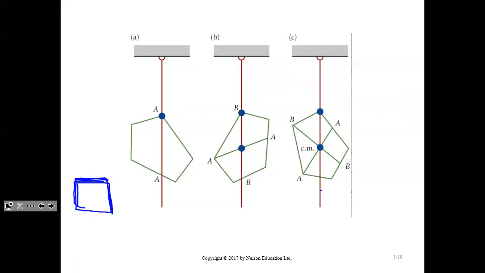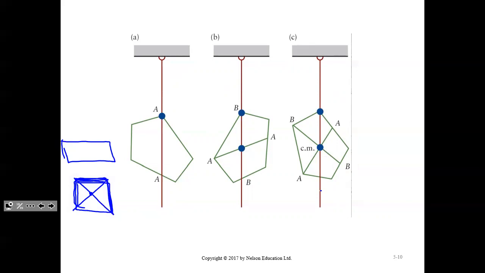It will be the geometric center. For a square or a rectangle, how do you get the geometric center? You draw the diagonal. Where the diagonal crosses is the geometric center. And for a symmetric, homogeneous object, homogeneous is important. Homogeneous means made of the same material. The density is the same. The center of mass is the same as the geometric center.